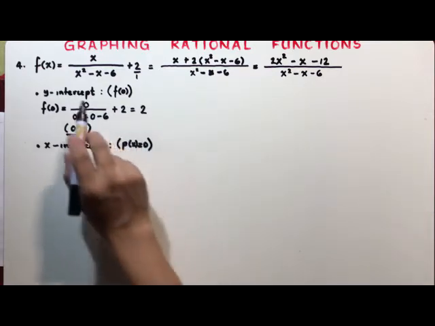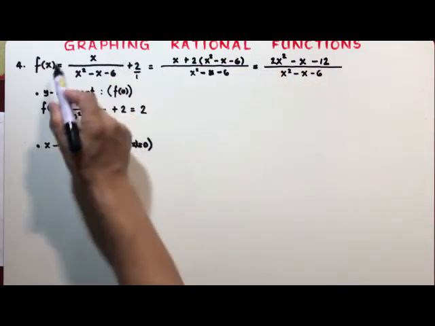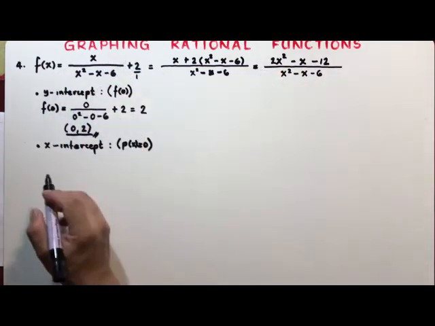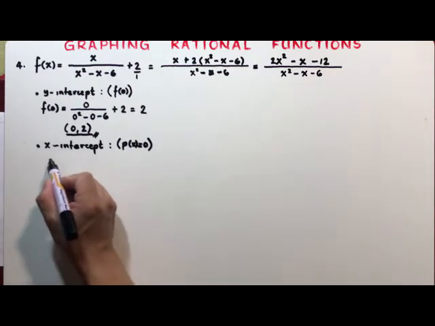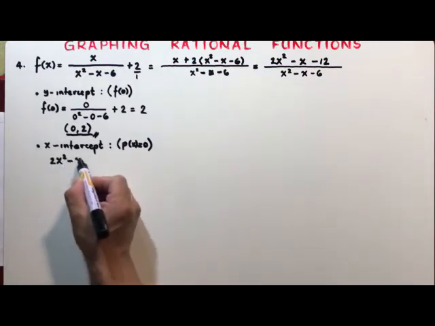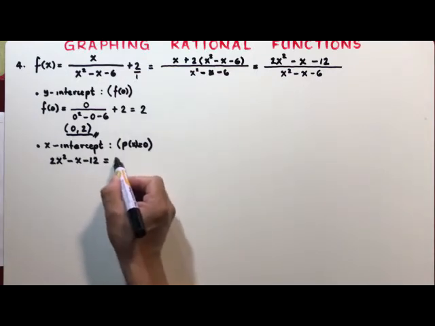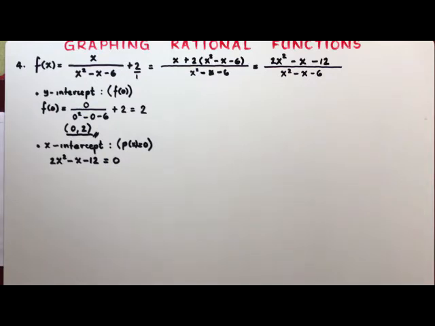So our numerator, looking at this simplified form of this function, is 2x squared minus x minus 12, and this is equated to 0 to find the x-intercept.